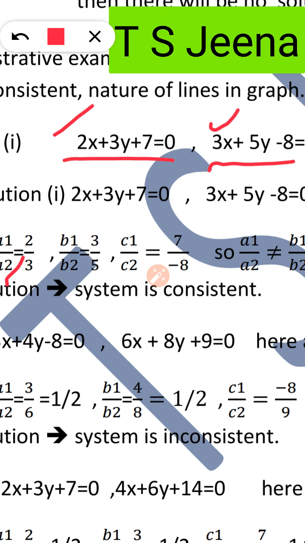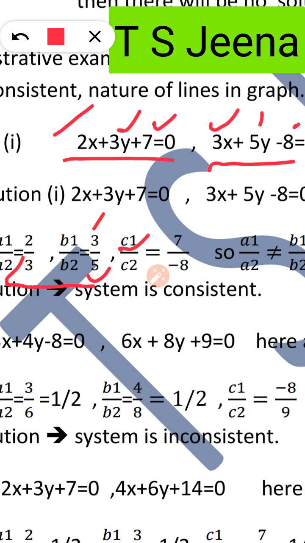In a similar manner, the coefficient of y will be b in both equations. In the first equation it is called b1, that is 3. In the second equation it is 5. So b1 upon b2 value is 3 upon 5. Now the constant term will be c1 in the first equation and c2 in the second equation. c1 upon c2 is here 7 upon minus 8.